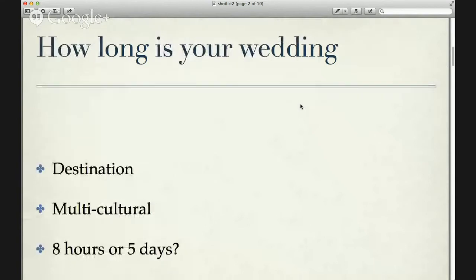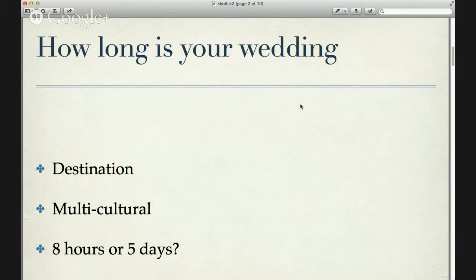We've done some where, if it was a destination wedding, they included in their shot list things like having people interview into the camera about where they came from, and telling them to include in their shots the airport or signs, even street signs from their city.